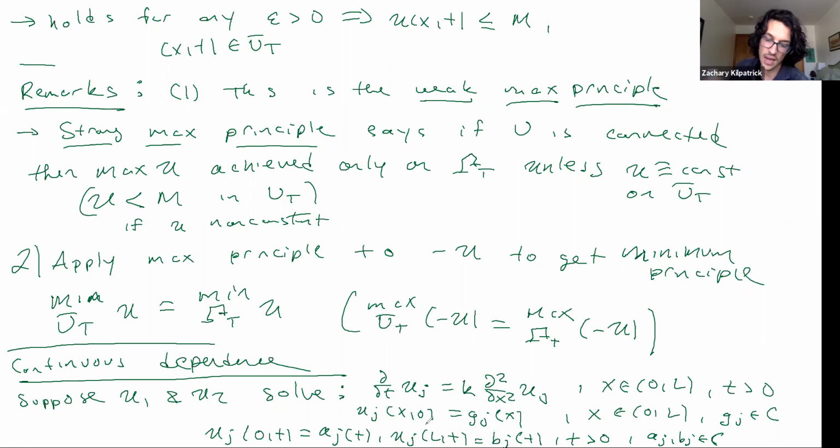Another way of saying that is that the solution should depend smoothly on initial data and changes in parameters. Okay, so let's suppose that w is the difference between u1 and u2, the two solutions to these two slightly different initial boundary value problems.